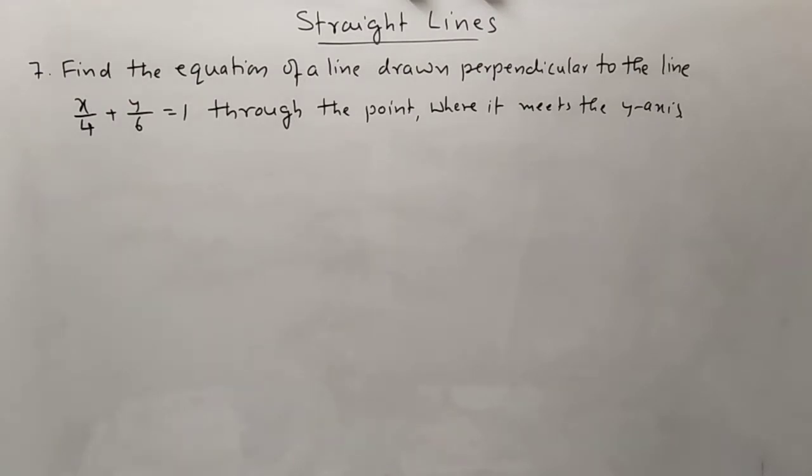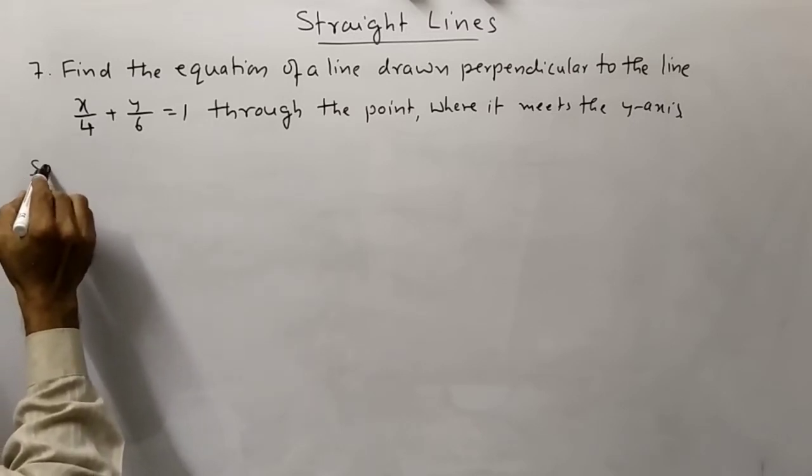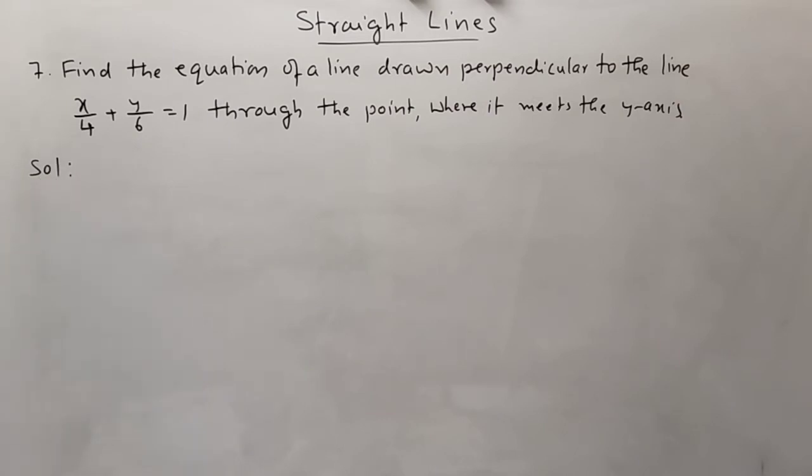Seventh question. Find the equation of a line drawn perpendicular to the line x by 4 plus y by 6 is equal to 1 through the point where it meets the y-axis. Solution.